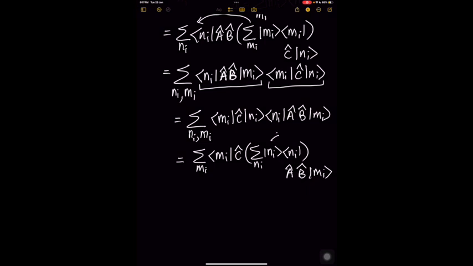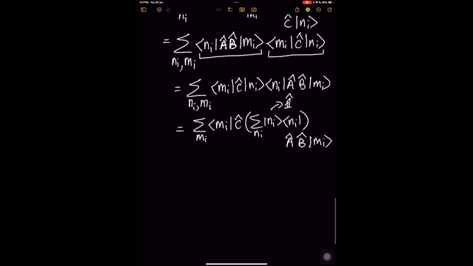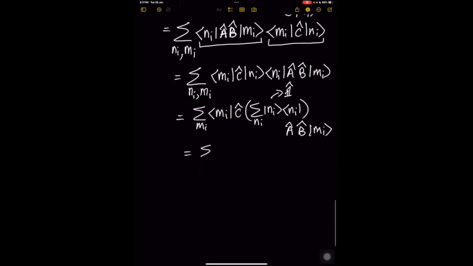So this, again, according to the resolution of identity criteria, would be identity. So that would be the sum over m sub i, bra m sub i, C hat, A hat, B hat, ket m sub i, which would be the trace of C hat, A hat, B hat.